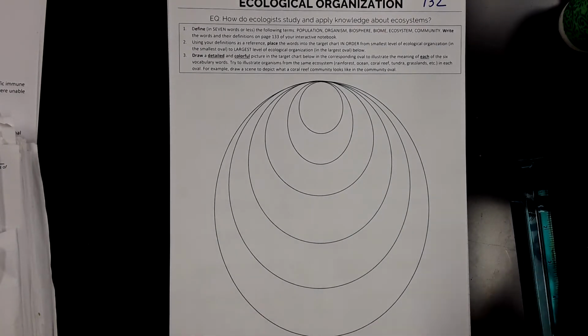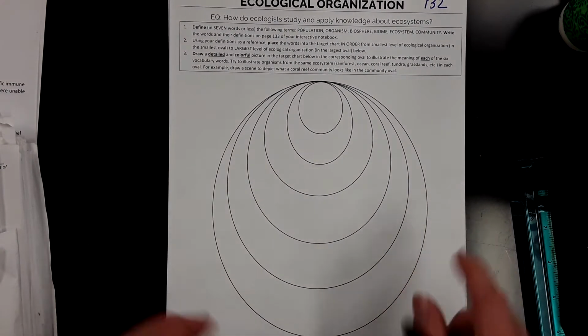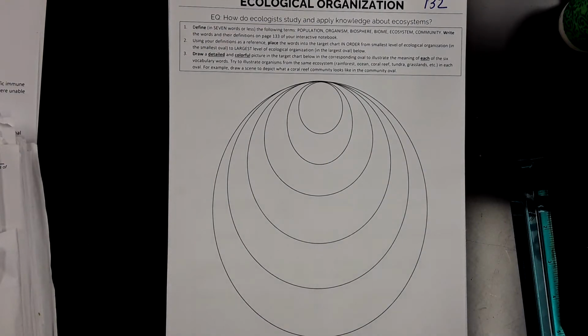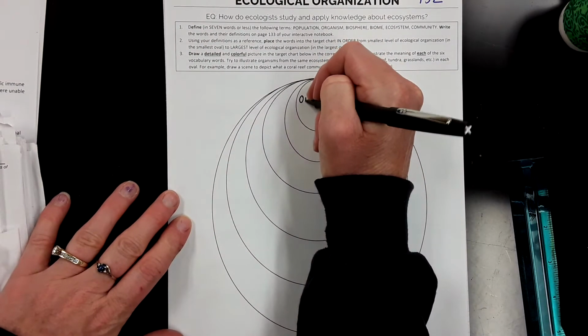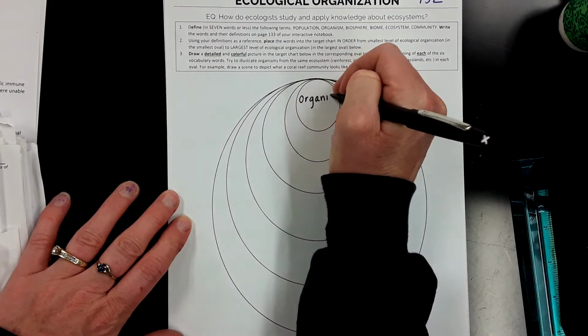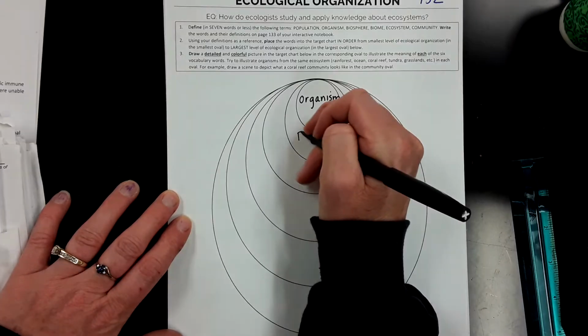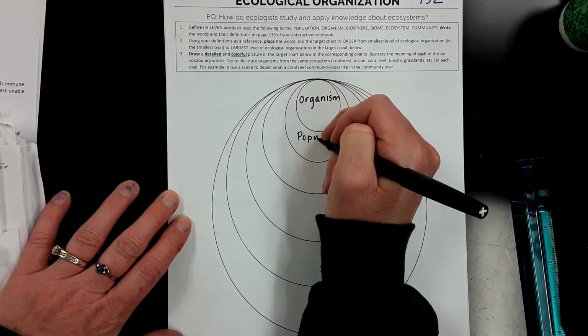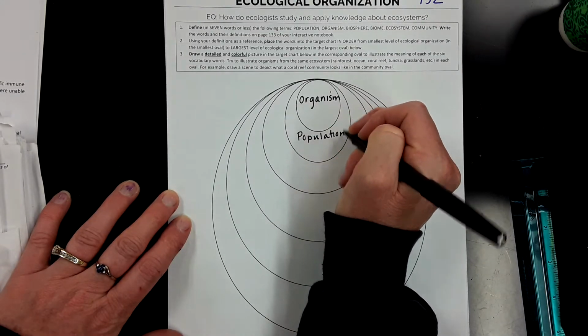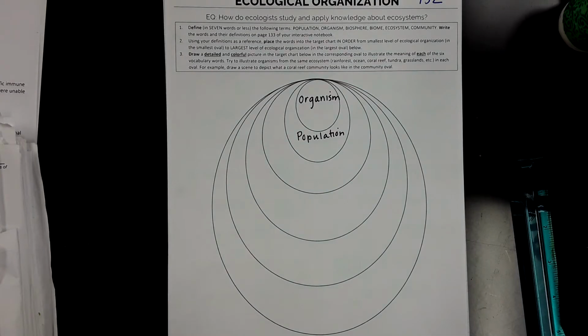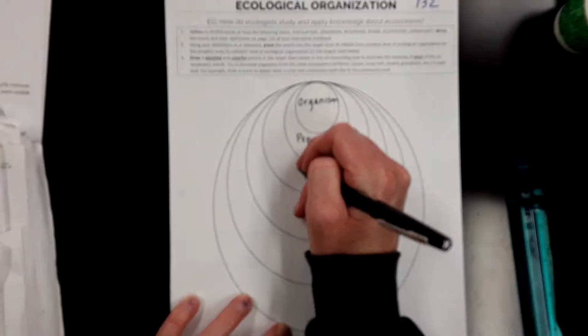All right, so now that you're back, we're going to go from smallest to biggest. The smallest thing on here is an organism. And an organism is going to be part of a population. A population combined with other populations is going to make up a community.